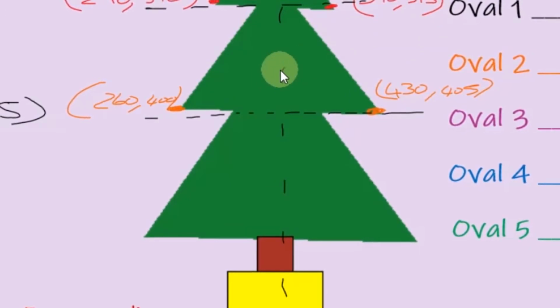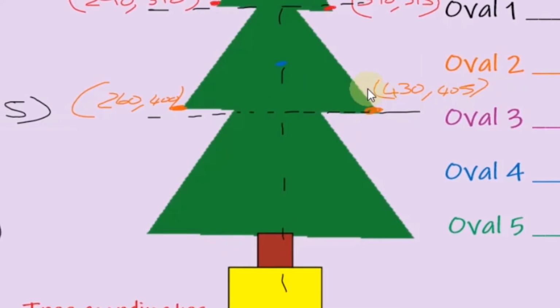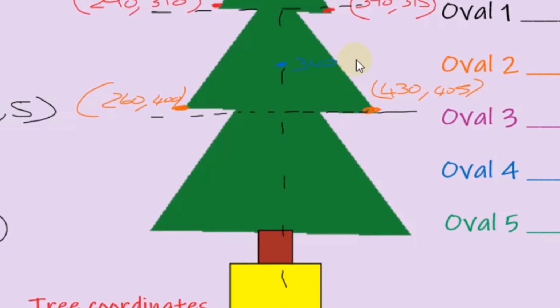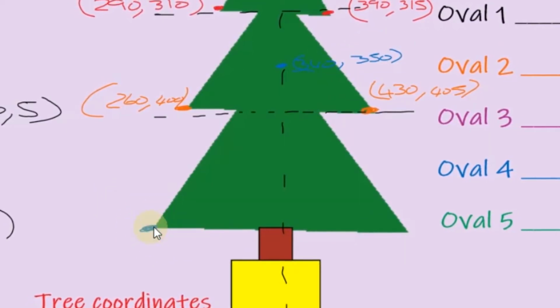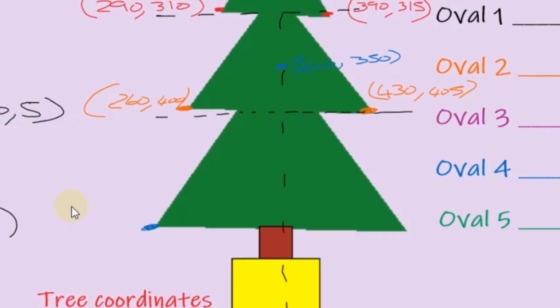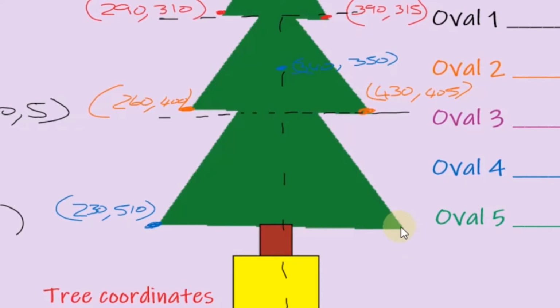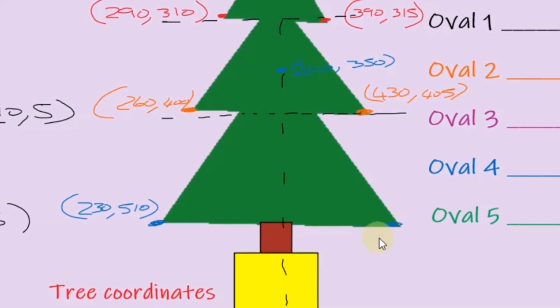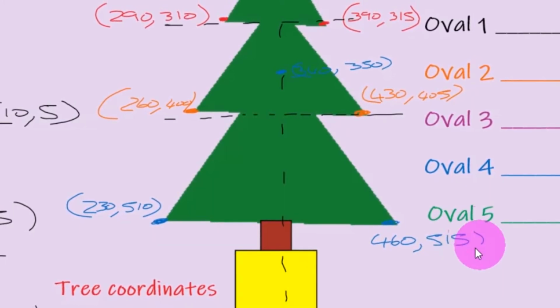So again, the first apex is just hiding up here somewhere, and it is 340 by 350. The second vertex is 230 by 510. And the third vertex is 460 by 515.